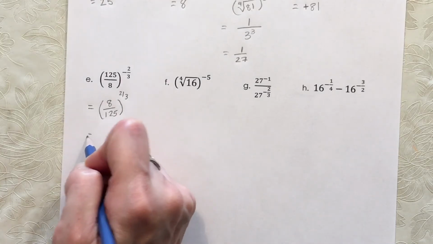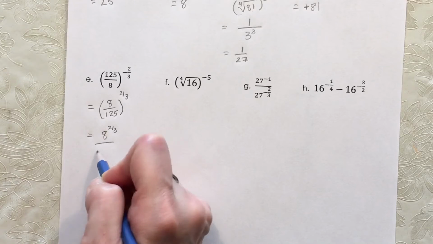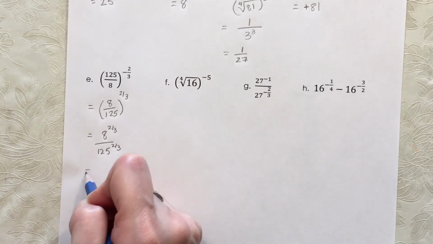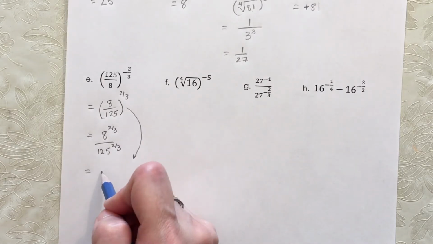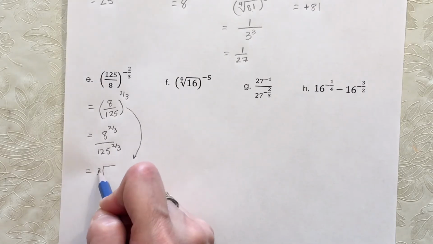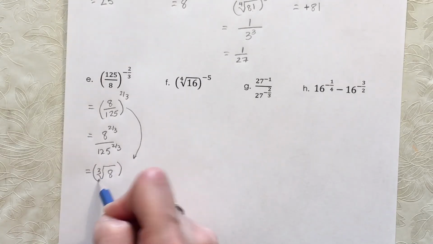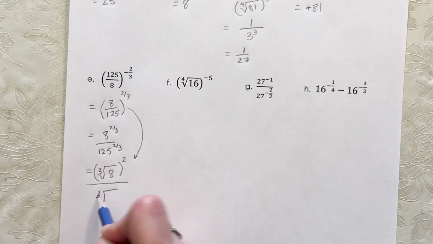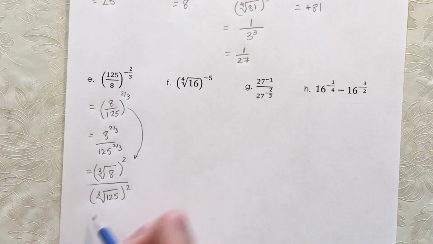Now we want to apply that exponent to the numerator and to the denominator. Some of you may be able to go to this next step right from here, and that's fine. That would be saying the third root of 8 squared over the third root of 125 squared.